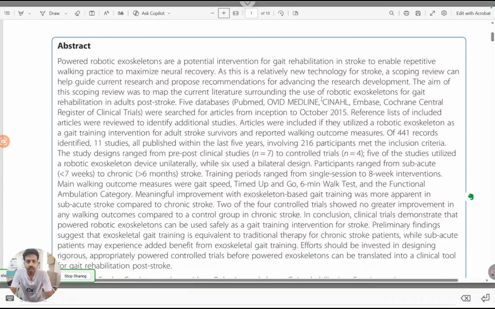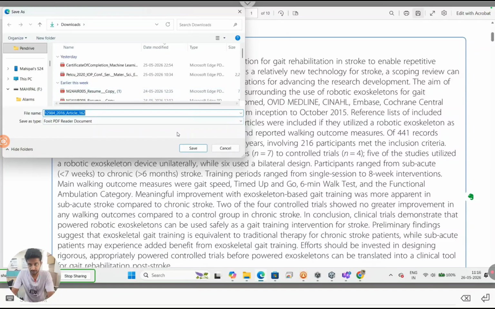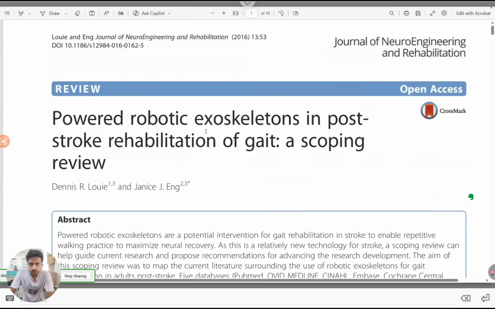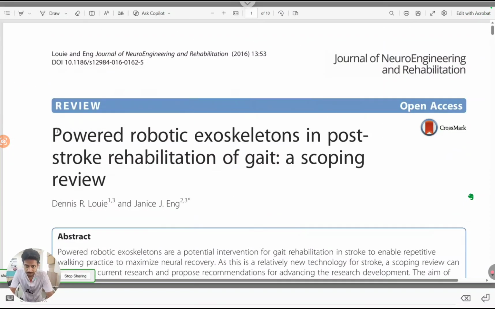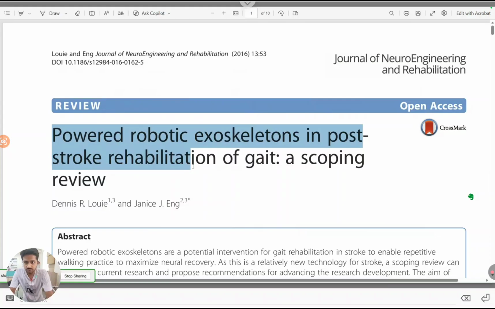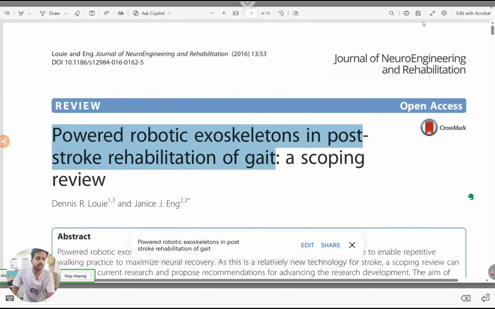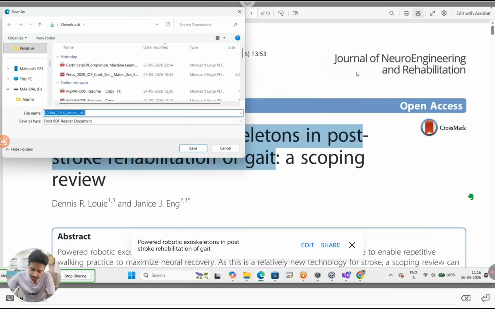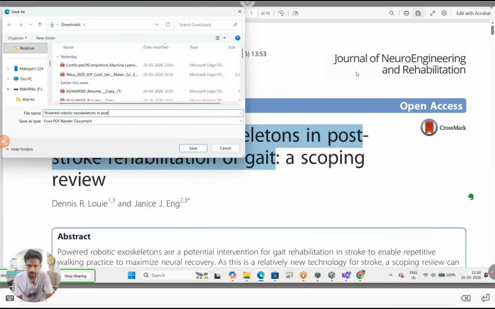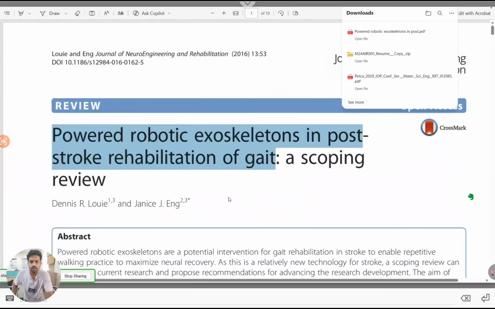As this is a relatively new technology for stroke, one thing I can also do is save this for future reading. I can rename it with the name of this paper, Powered Robotic Exoskeleton in Post-Stroke Rehabilitation of Gait. Just copy it, rename it with the same title, and save it. Fine.